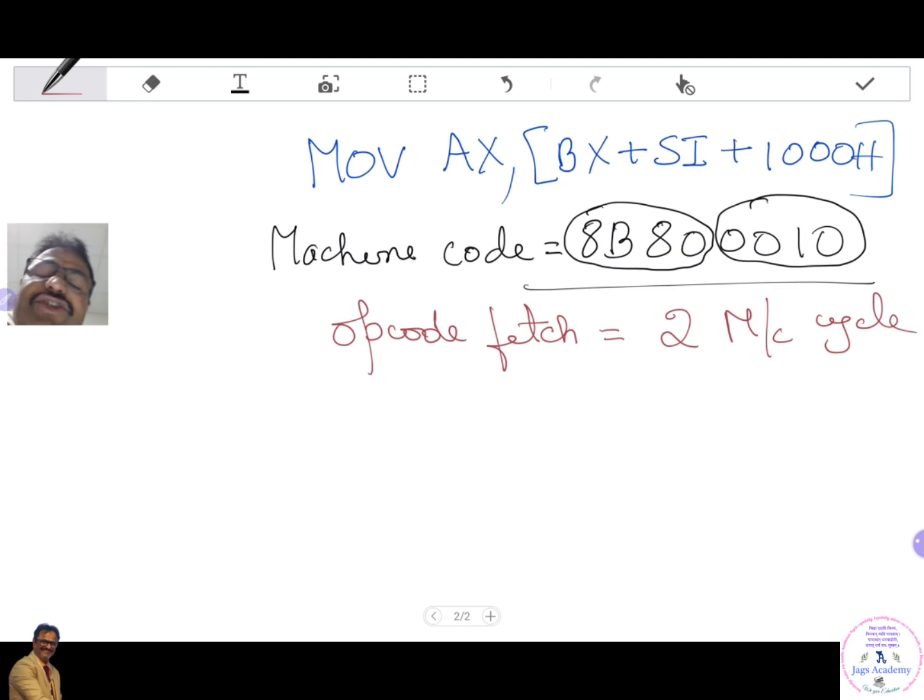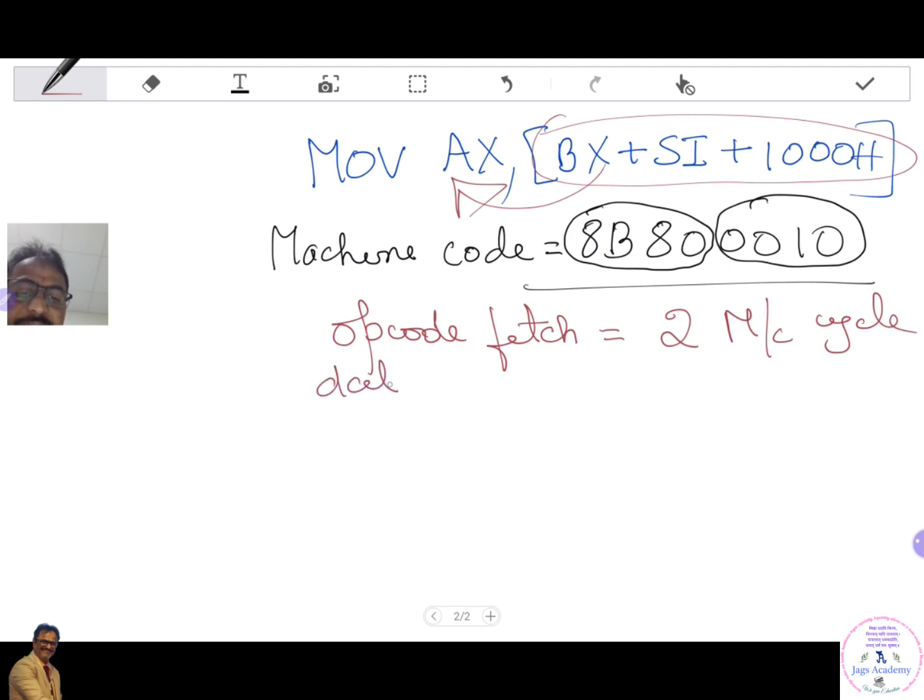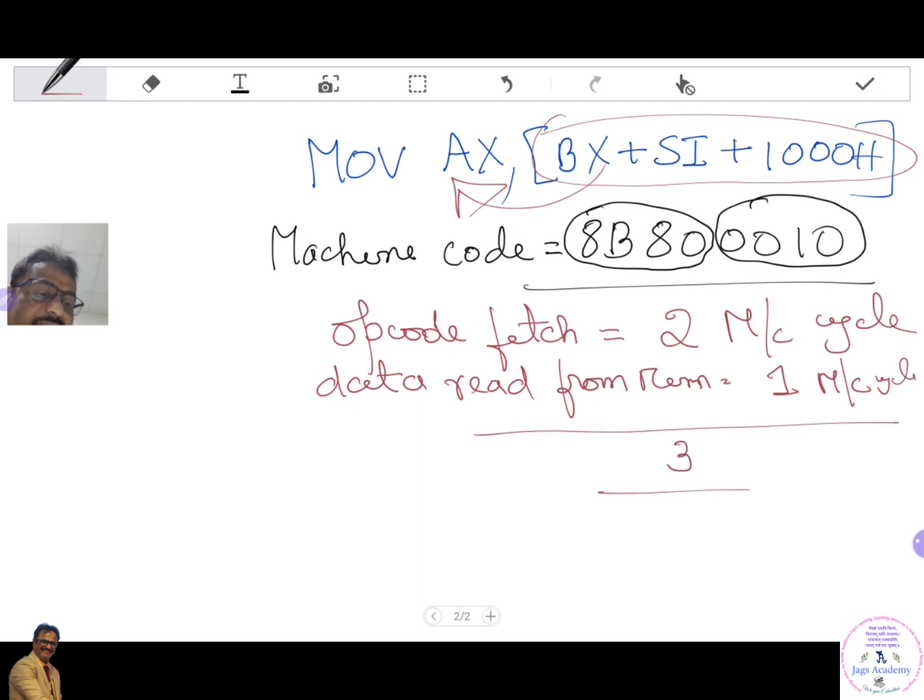This instruction reads content from the memory and copies it to the AX register. So there is a data read from memory, which requires one machine cycle. In total you require 3 machine cycles.